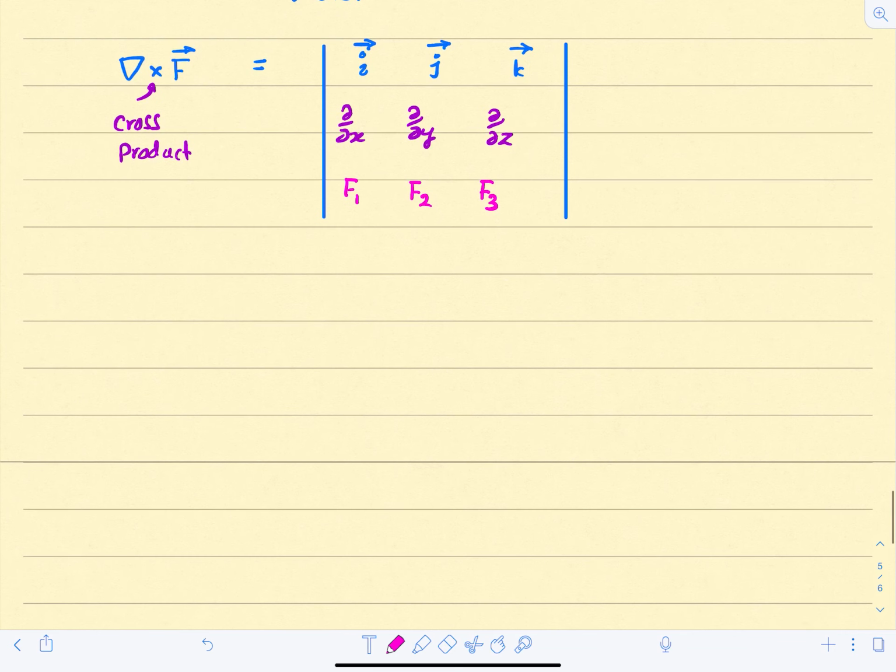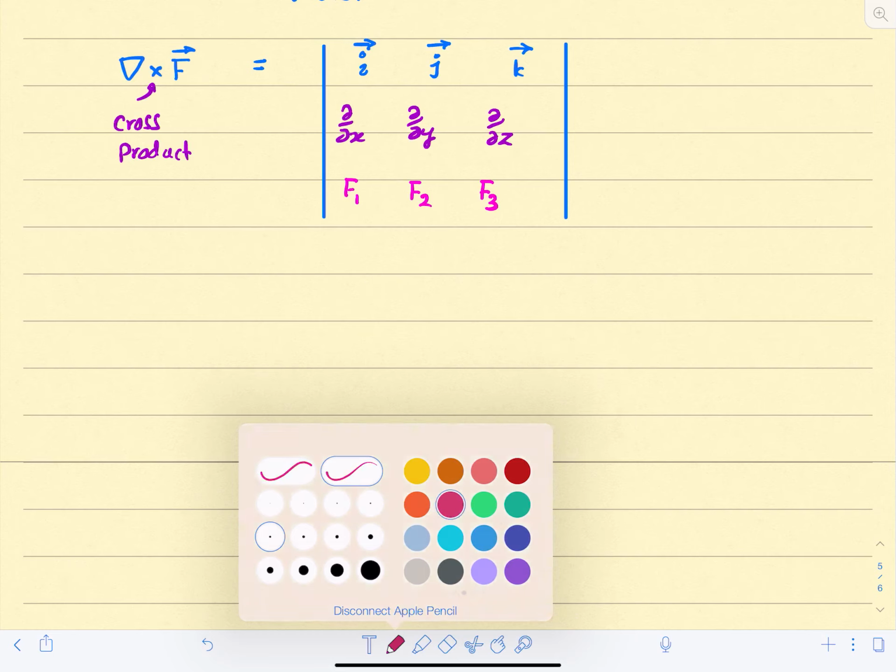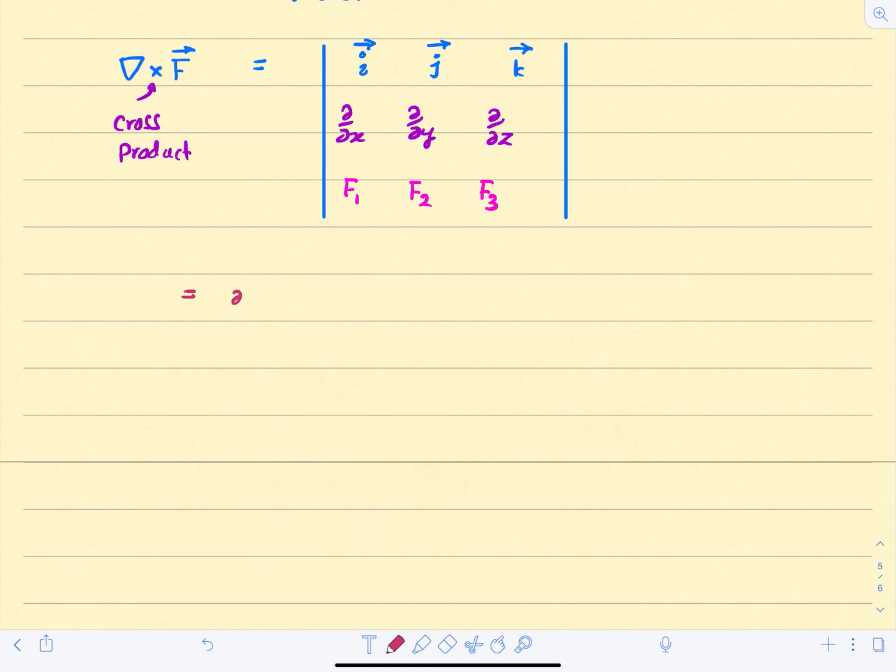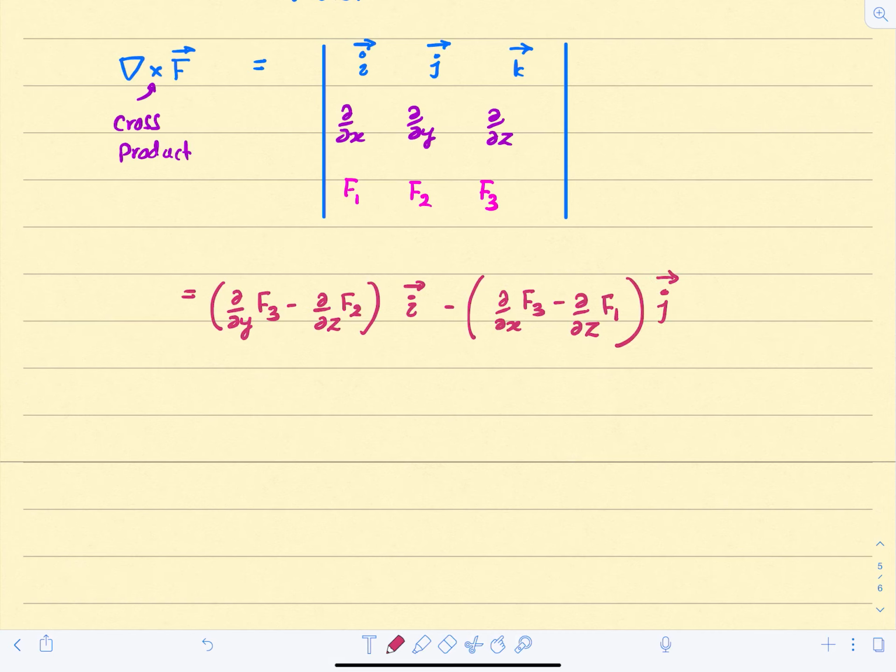This equals partial over partial y of f3 minus partial over partial z of f2 times vector i, then minus j times partial over partial x of f3 minus partial over partial z of f1, plus partial over partial x of f2 minus partial over partial y of f1 times vector k.